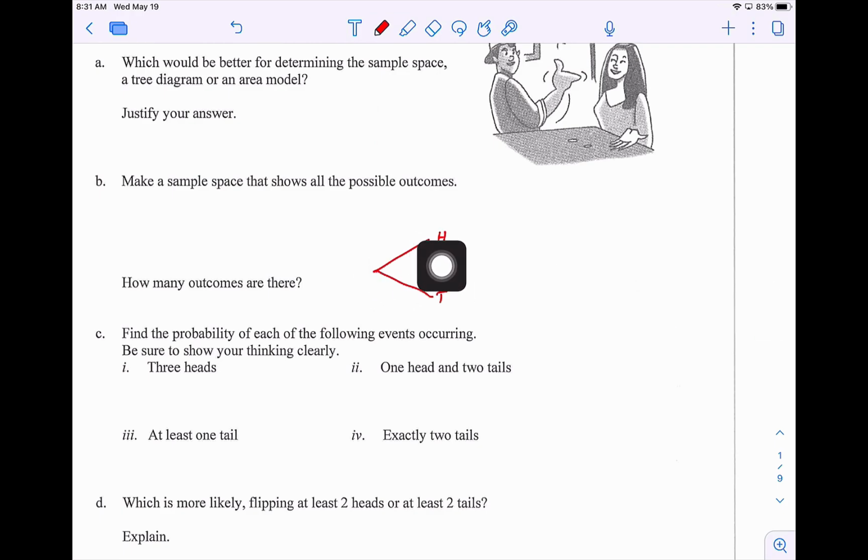If the first coin was a head, you still have 2 options off of that. Heads or tails. You still have, if the first coin was a tail, you still have 2 options off of that. Heads or tails. Okay? So there's coin number 1 and coin number 2.